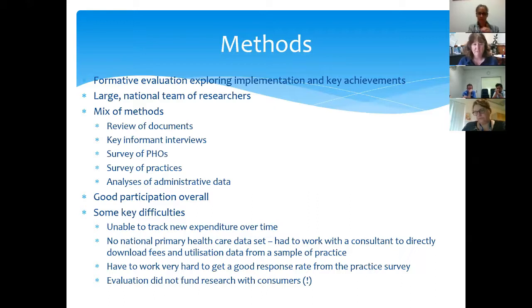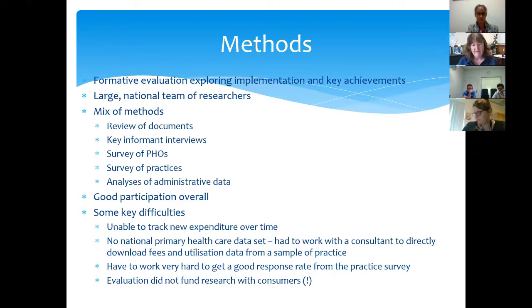At this point in time, there were more than 80 of them, so they were all rung up, and we did an over the phone survey with them. We got a lot of information about the PHOs, and we also did a survey of practices as well. And then we had quantitative analyses, looking at before and after of administrative data, which I'll talk about in a few minutes.